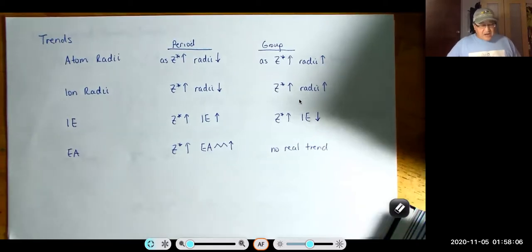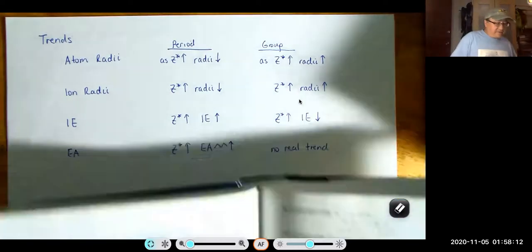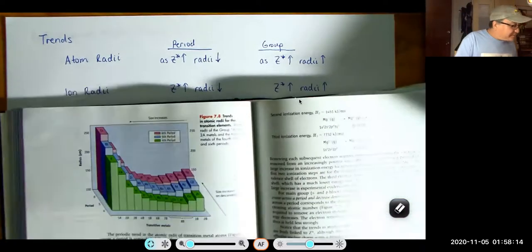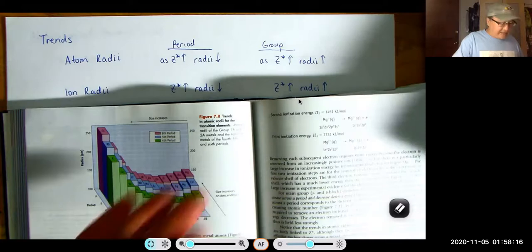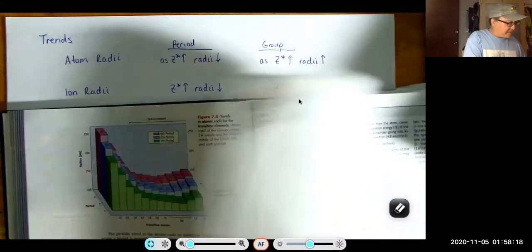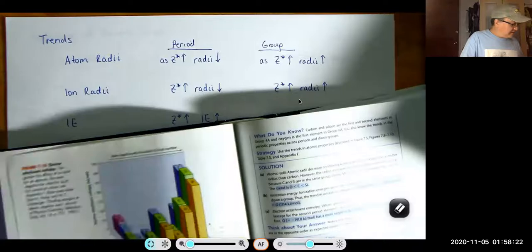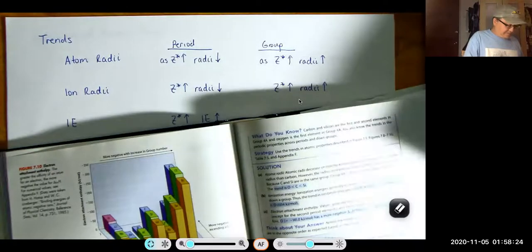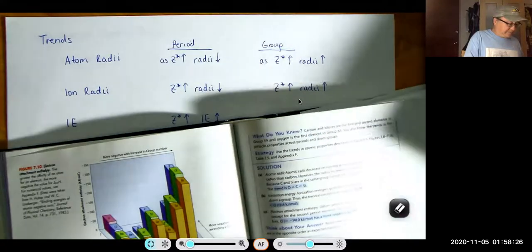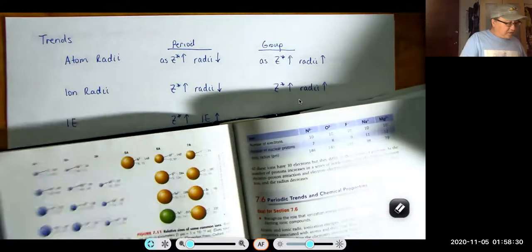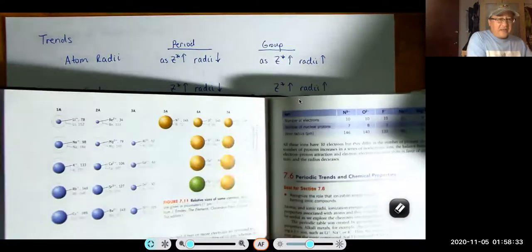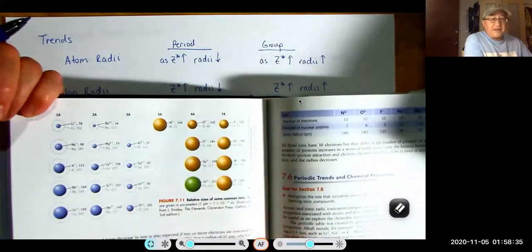Then there's the ion radii. So here, if we look at the ion radii, this is atomic radii. Let's see if we can find ion radii. Okay, here's ion radii. Now, I'll be honest with you.